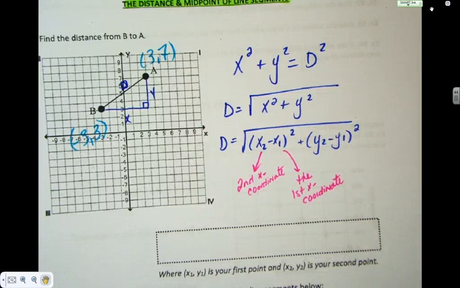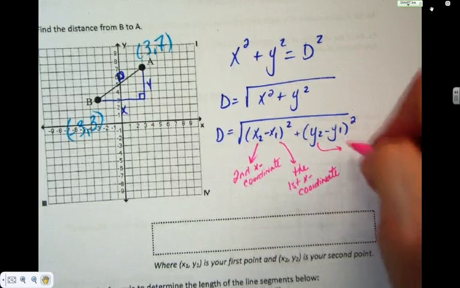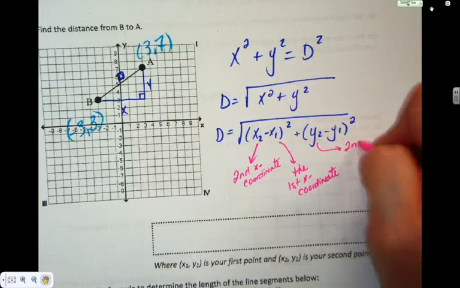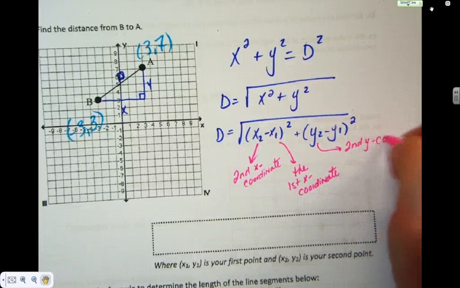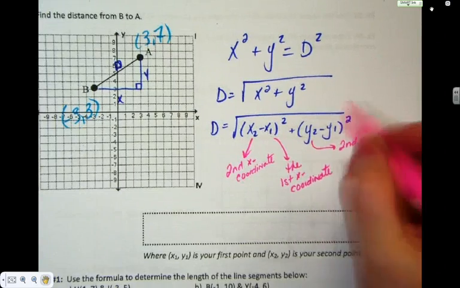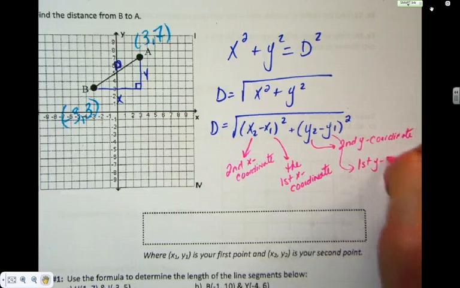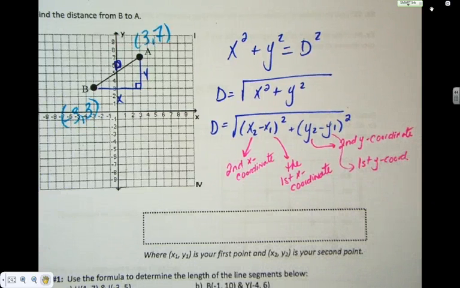So it's just to distinguish between which one. What do you think y2 means? The second y-coordinate. And y1 means the first y-coordinate. Well, which one's first? Is it A or B?